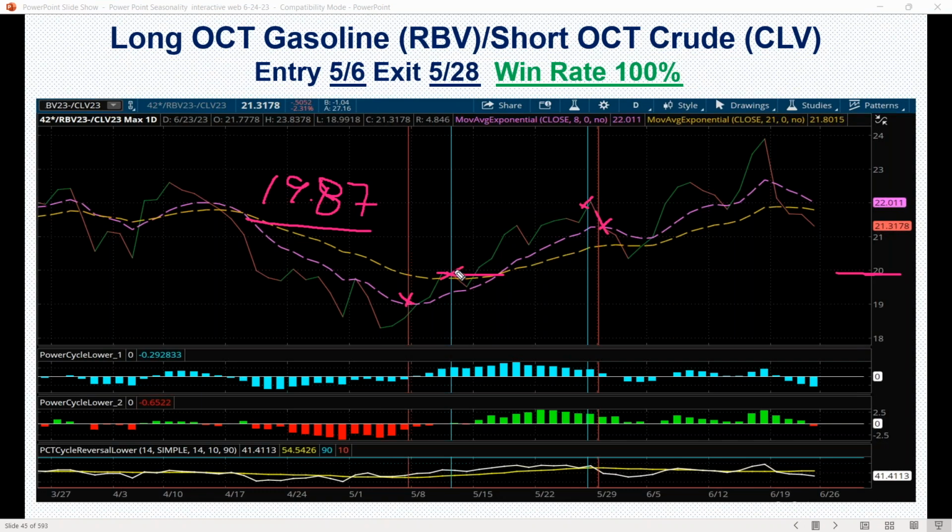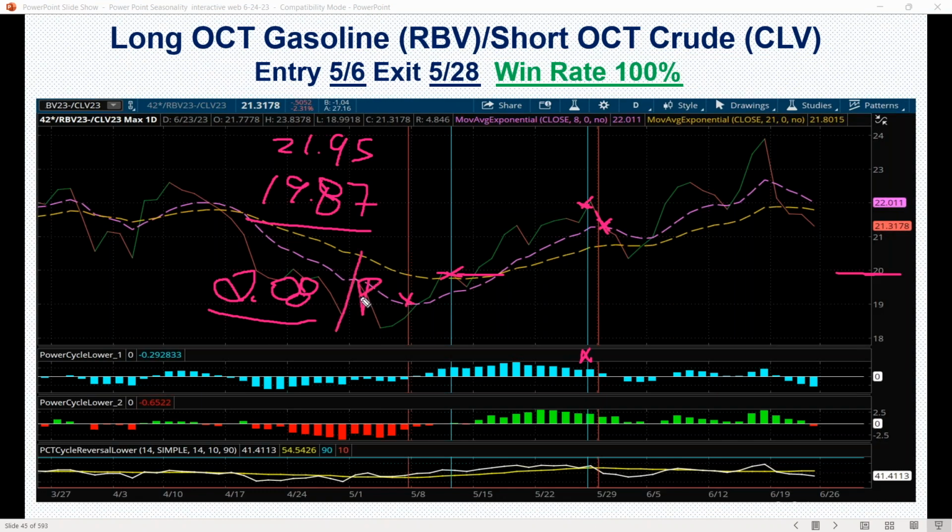And then the spread went from 19.87, and with our model, we would have gotten out here. The seasonality got out here. So we would have been out right there, and that was at $21.95 per spread. So you can see the spread widen, right? From 19.87 to $21.95. So that spread widened out by $2.08. That's per barrel, okay?